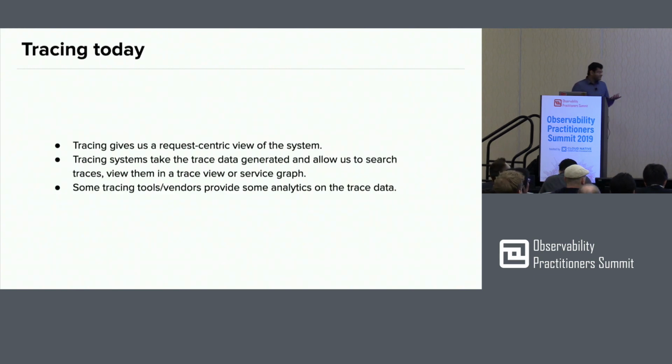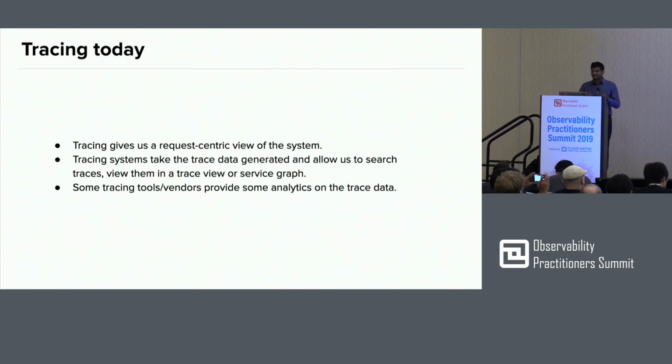Today we have tracing systems, a more formalized way of capturing this information in a trace and then analyzing it using cool visualizations and analytics tools. We take a request-centric view where we follow a request along its execution path through all its microservices, and along that path we capture spans, which is the trace data.